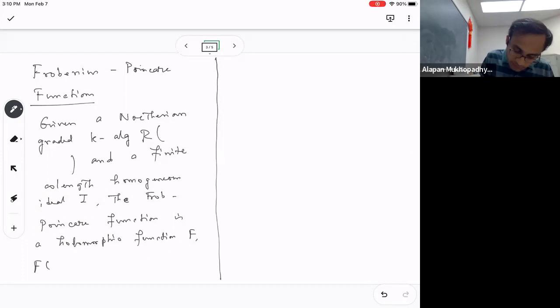The value of this holomorphic function at 0 is the Hilbert-Kunz multiplicity of this pair (R, I).